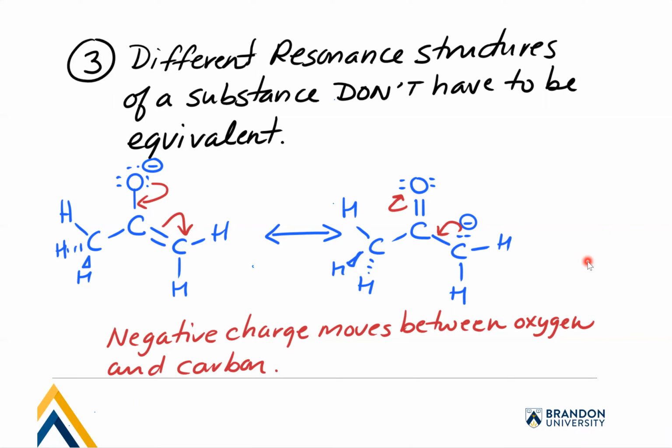That's part of this. They don't need to be equivalent, and they don't need to contribute an equal amount to the hybrid. So one resonance structure might contribute 80%, and the other one might contribute 20%, for example. Which one do you think it might be? The one on the left or the one on the right? I should have put a little question here.